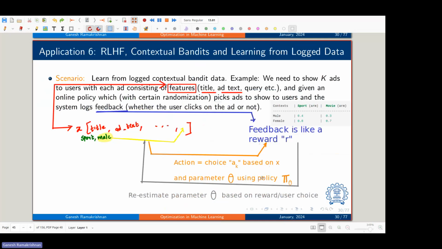So this action came from the policy phi theta. Our goal is to learn theta, which means to learn phi theta in a data-driven way.